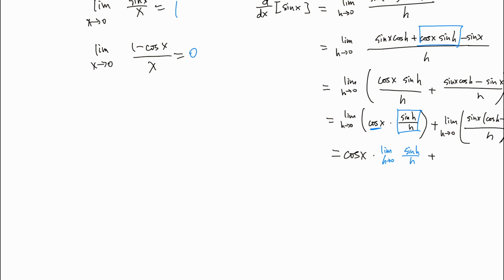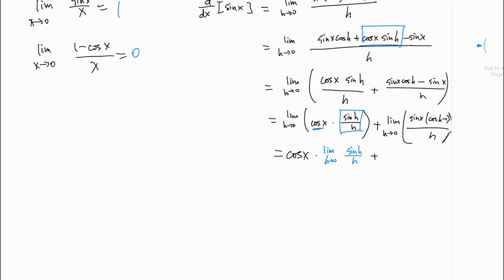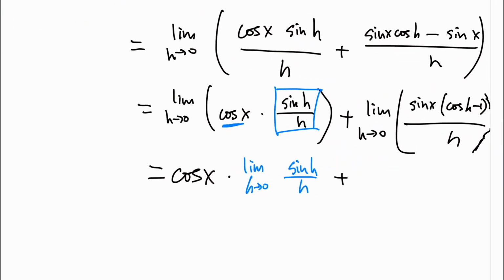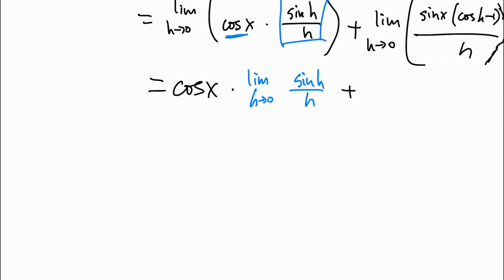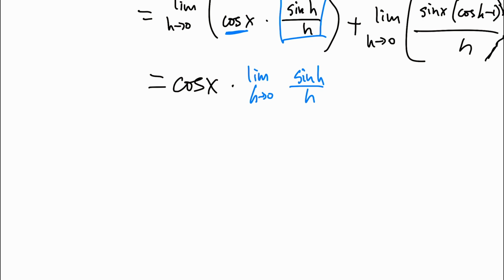plus, as per usual, we can take this sine of x part out. So that would be sine of x times the limit as h approaches 0 of cosine h minus 1 over h.